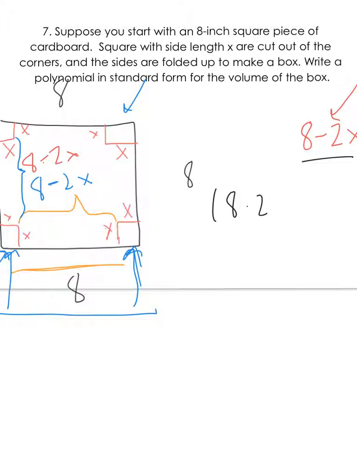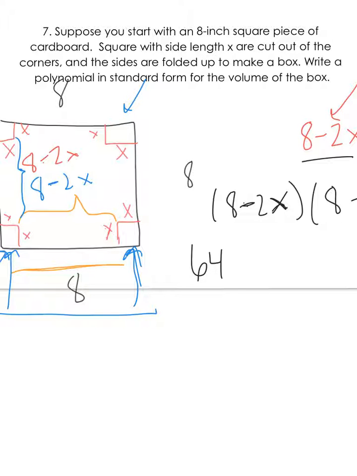So 8 minus 2x by 8 minus 2x. This is a special product rule. I am going to first square my first term and get 64, because 8 squared is 64.